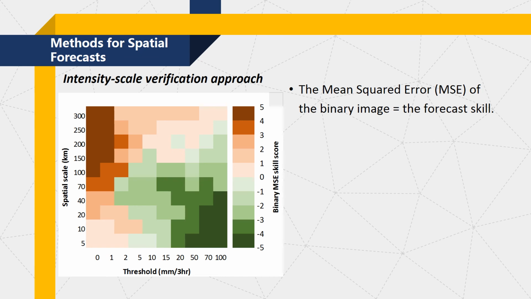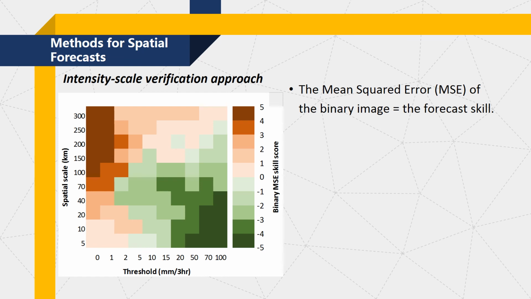The scale score is then decomposed on different spatial scales using the two-dimensional discrete wavelet decomposition of the binary error image. Therefore, the forecast scale can be evaluated both in terms of precipitation rate intensity and spatial scale.